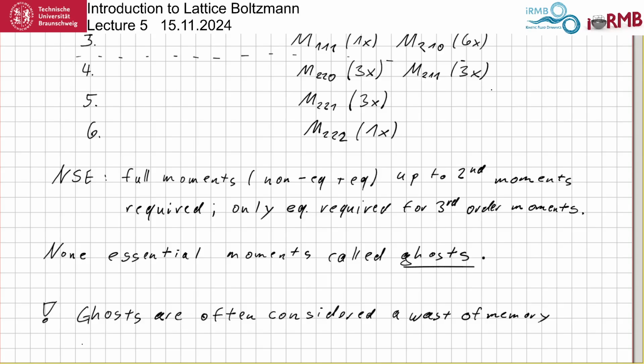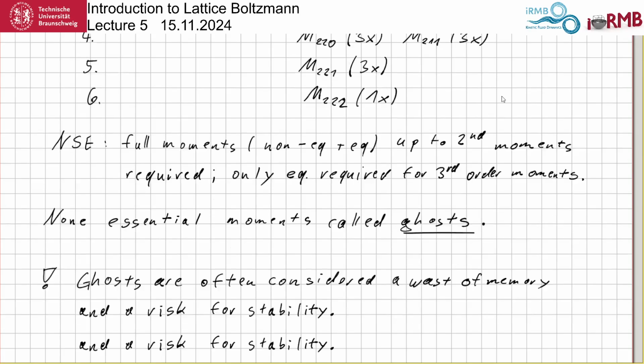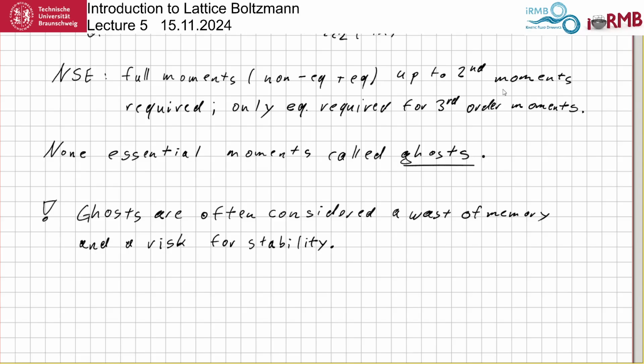They are not supposed to be there, so they may be potentially a risk for our stability. Most people don't like ghosts in their house, right? So this leads to attempts to get rid of them.